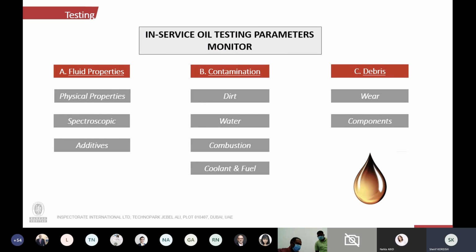So we are looking here at the type of debris, and we can classify them with different techniques, for example SEM EDX, which is using X-ray spectroscopy, or ICP, or rotating disc electrode technology, and so on and so forth, and particle count, ferrography, and so on. So the oil condition monitoring program covers these 3 major streams of testing and provides results.